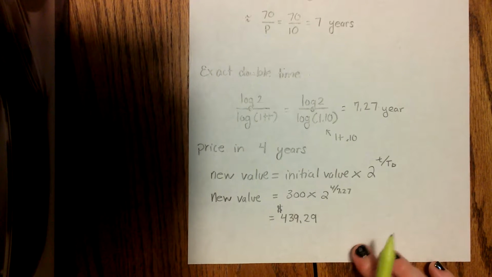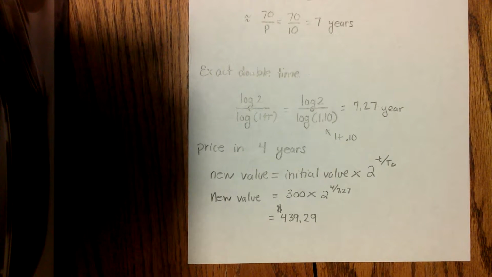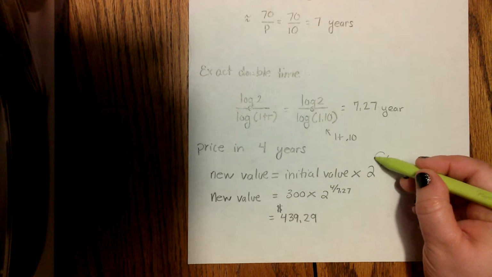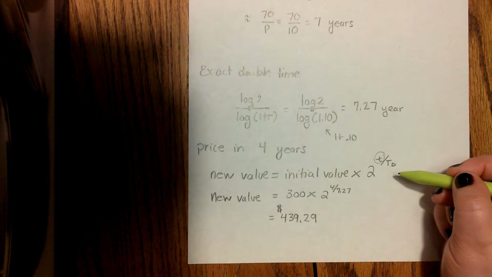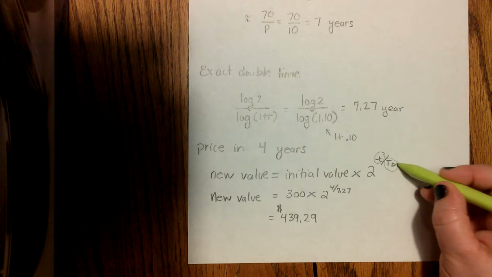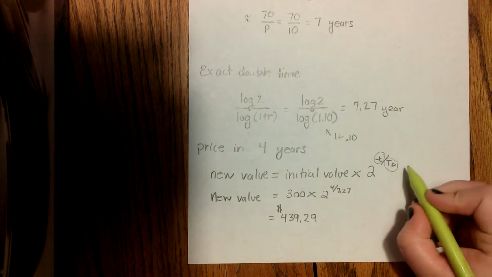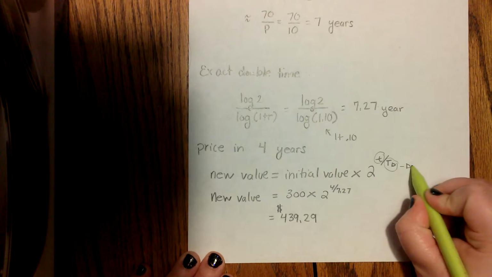Now, to find out what the price is in 4 years, if it's growing every year at 10%, we use this formula. To find my new value, I take my initial value times 2 to the power of the number of years we're talking about, and then our double time. This is our double time.